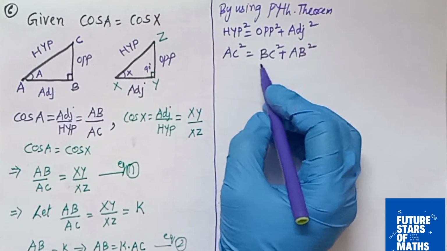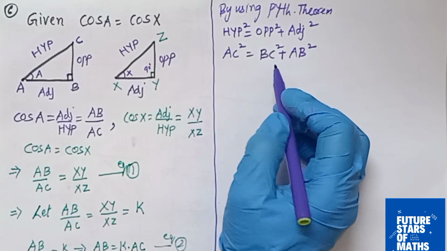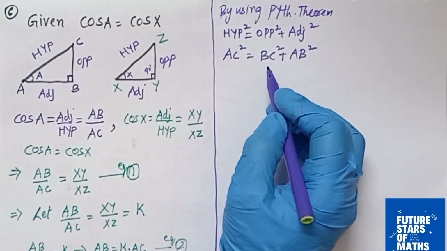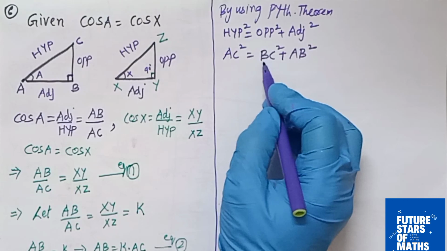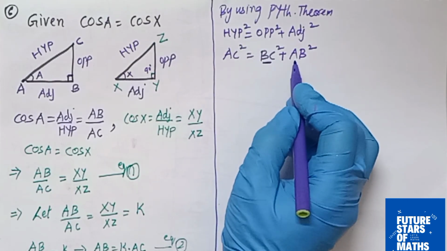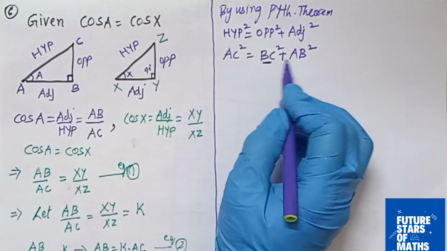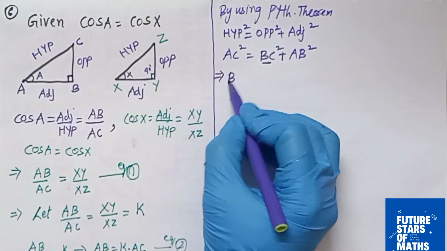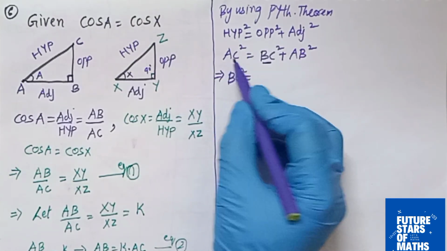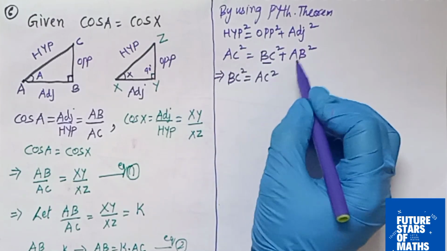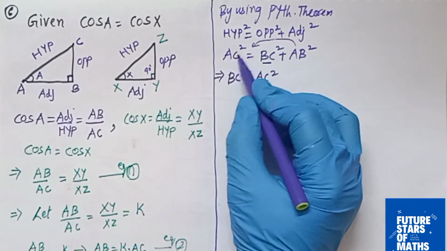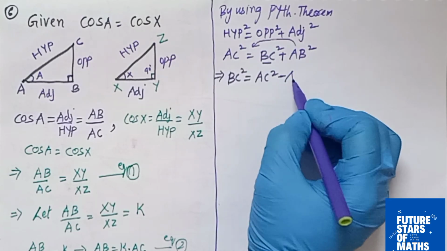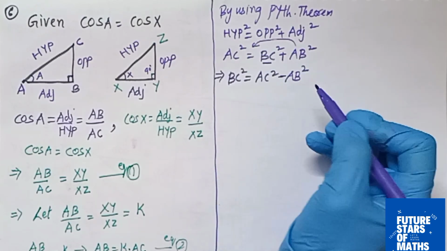Okay. So now what do we have to do? We have to find the value of BC. So AB square is extra, so we will shift this AB square to the other side. So BC square equal to AC square, and when it shifts to the other side, it becomes minus AB square.